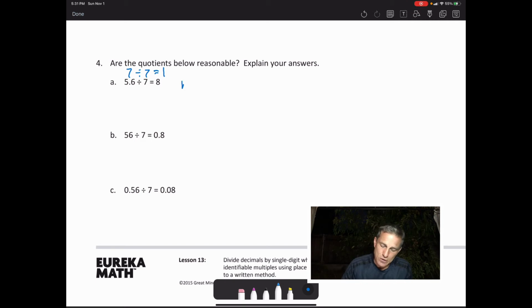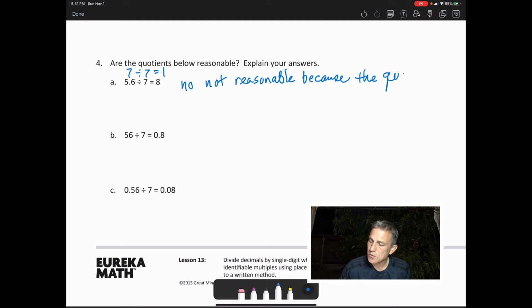So I would say no, not reasonable, because the quotient should be close to 1 whole.